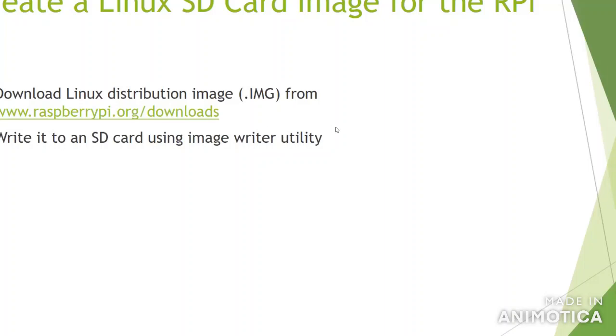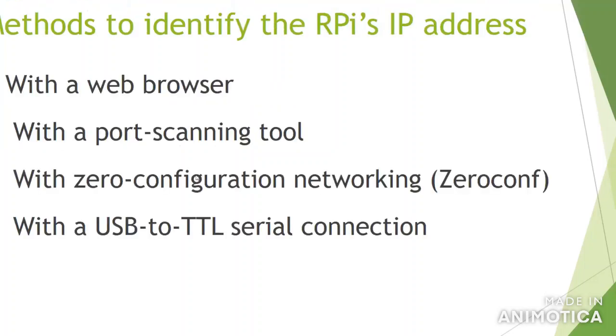This is the way that you can install the Linux system distribution to your SD card, and then for the first time when you turn on the power of your Linux system, you have to do the install procedure.